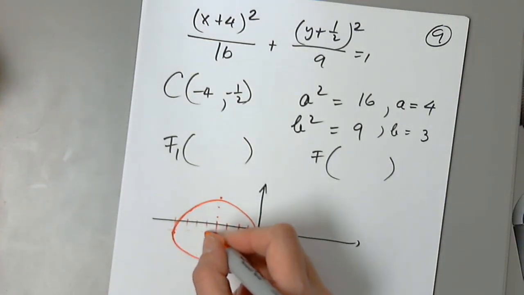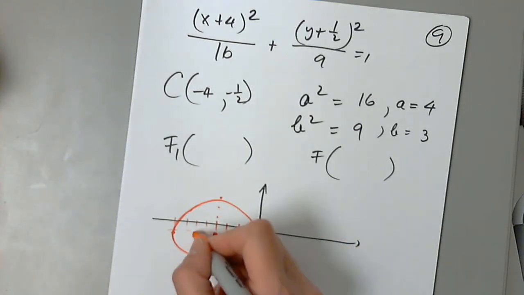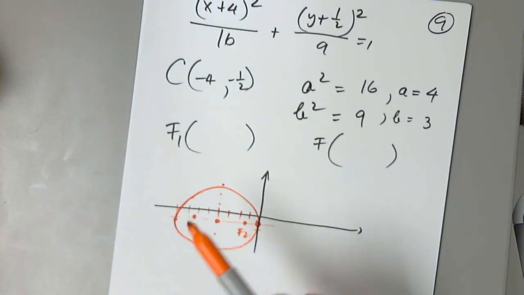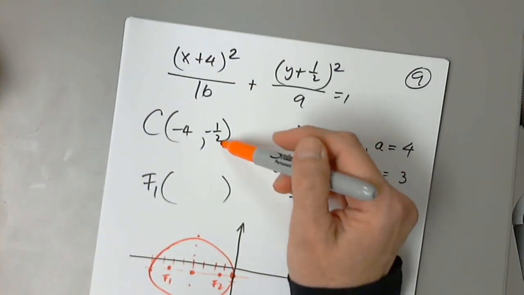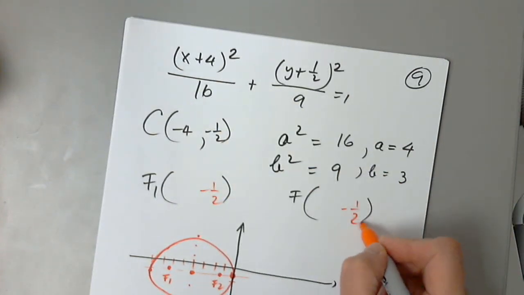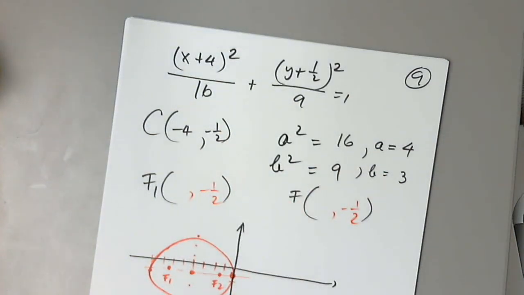So obviously the foci are somewhere on the same axis, they have to have the same y value as the center. That's why I asked you whether it has an axis that is horizontal or vertical. If the axis is horizontal, then the y coordinate of both foci has to be the same as the y coordinate of the center.